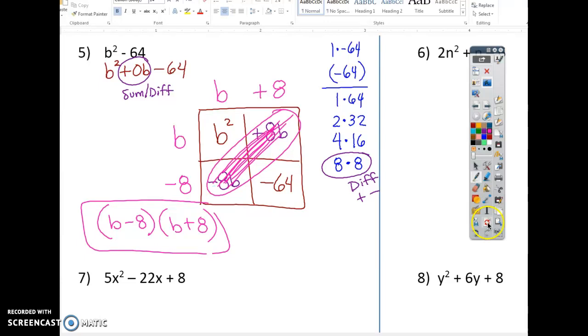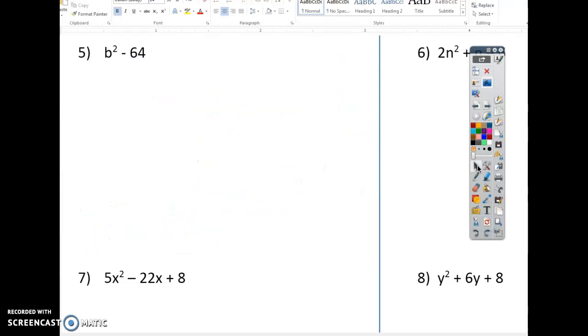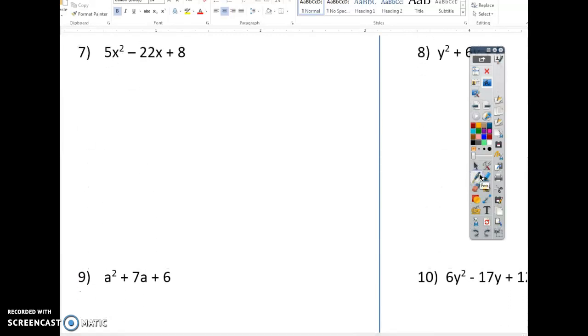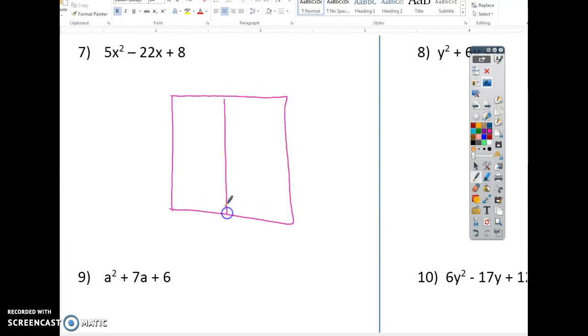Number 7 is the last one I'm going to do with you. Fill in the box. You have 5x squared in the front, positive 8 in the back. Multiply 5 times 8.